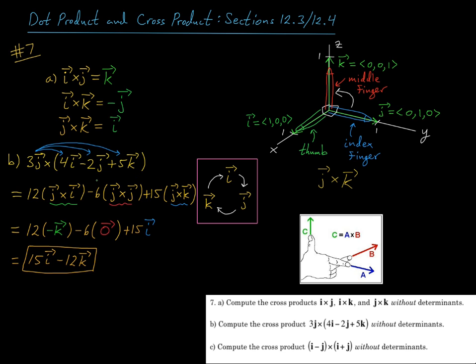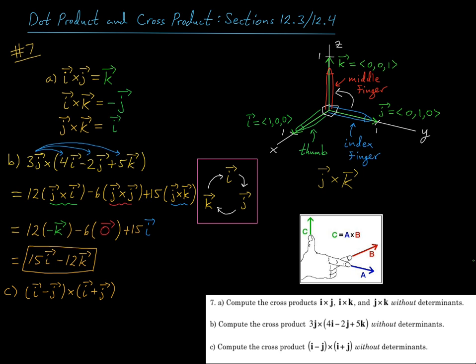All right, so now what's j cross i? j cross i is negative k, as we can see from this diagram. j cross itself, well, in the last video we noted that any vector cross itself is the zero vector. So that gives us the zero vector. And then j cross k, so j followed by k, that gives us i. So putting that together, 15i minus 12k.